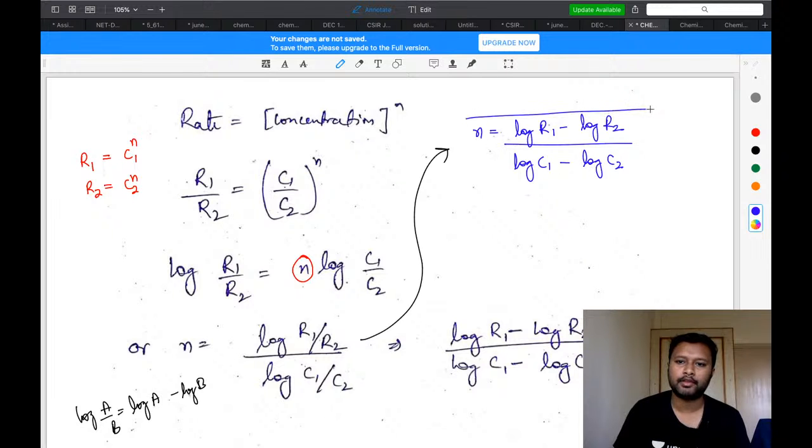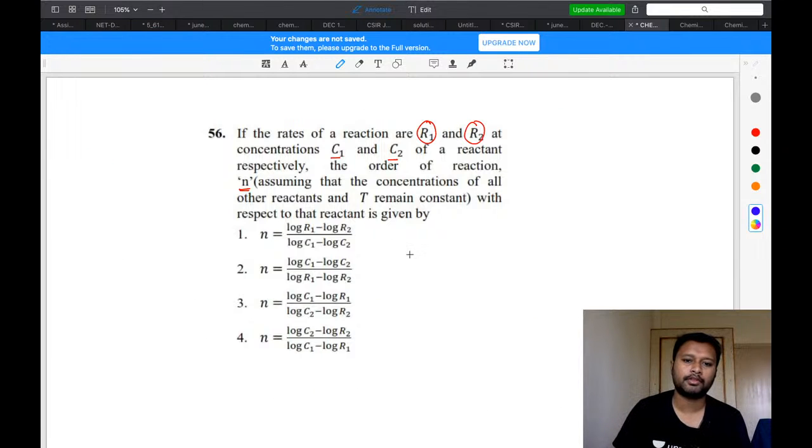This is one of the equations which can be asked and which you should know. If you look at the options, option number first is the correct option for this particular question.